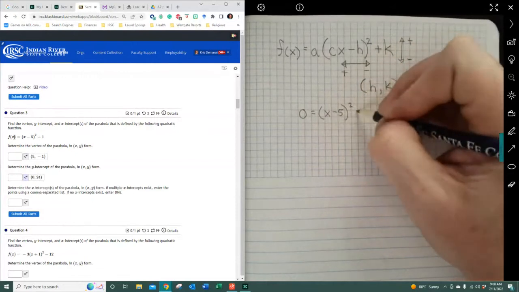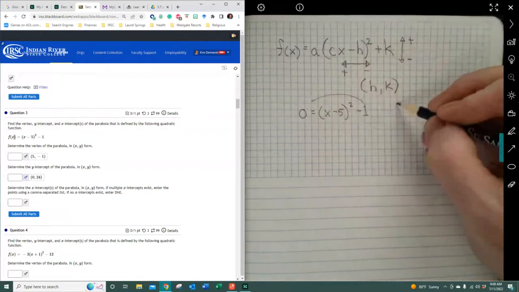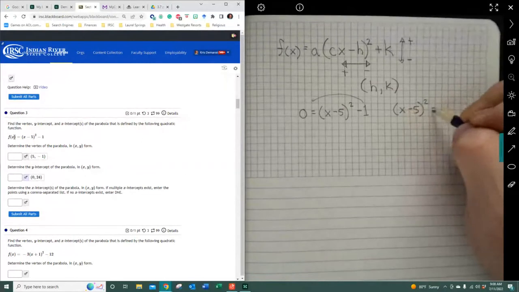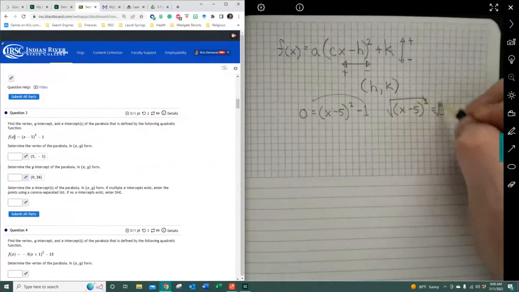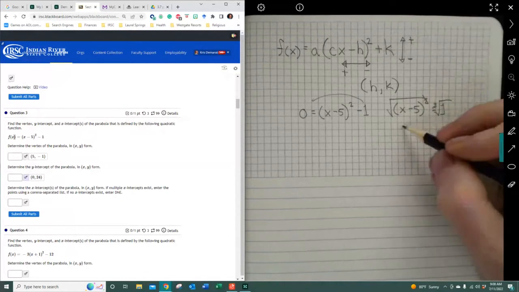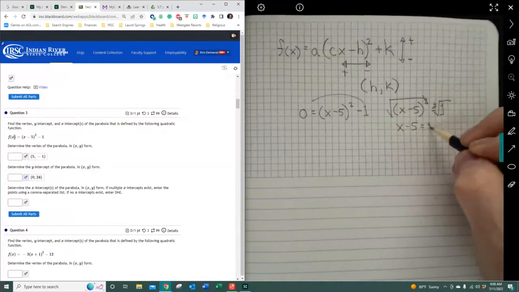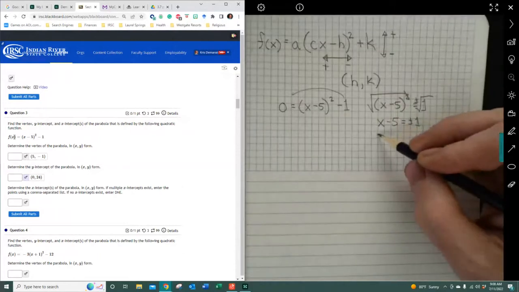If you can't do it mentally, move this over to the other side. It becomes this. You square root both sides. And then, of course, you add 5 to both sides.